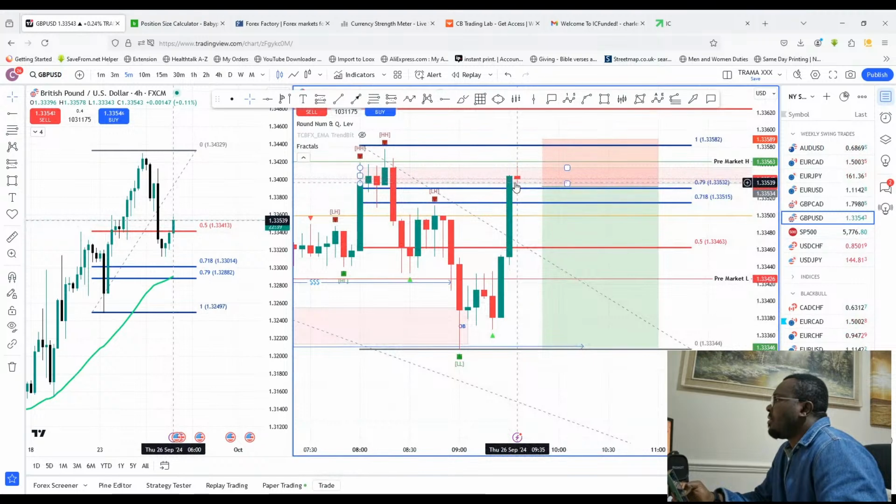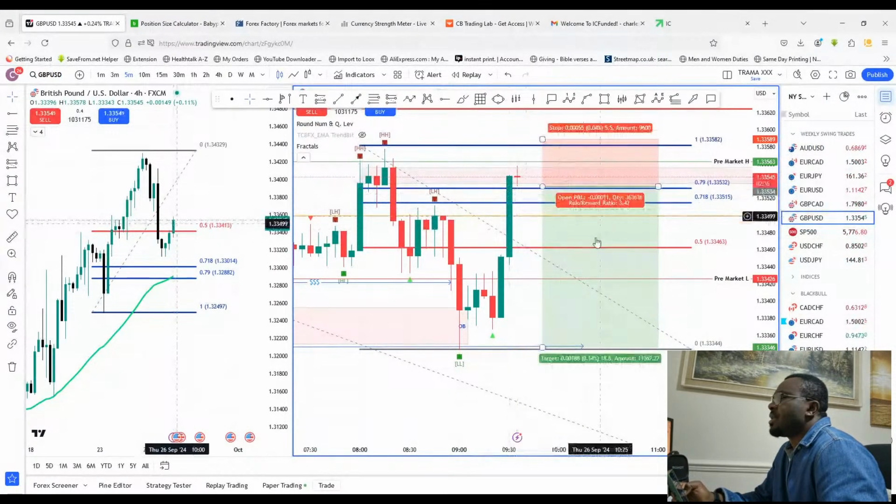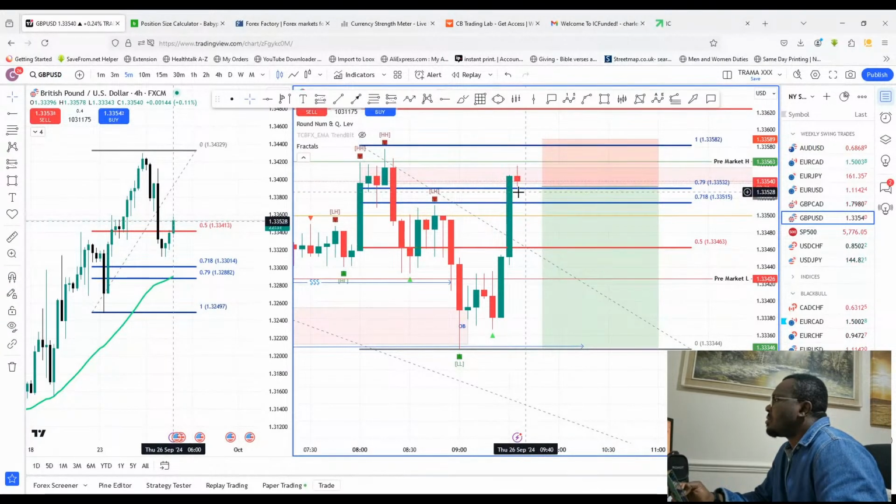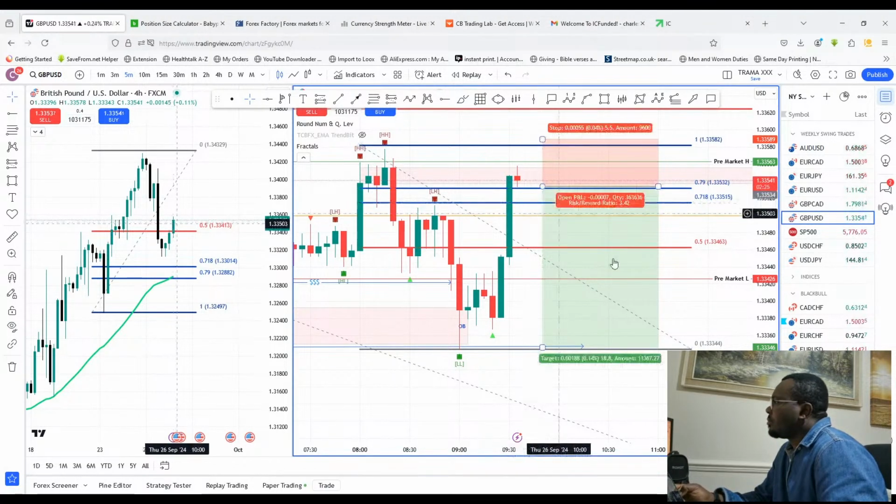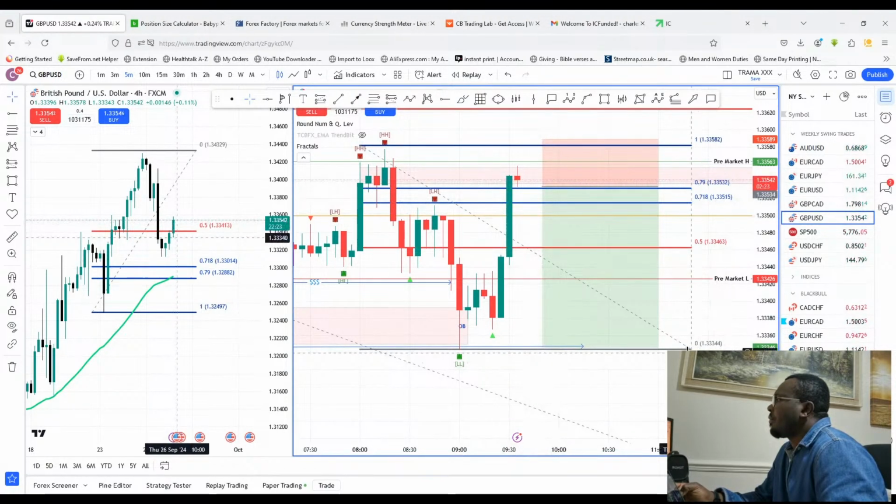If we find this candle close bearish, then we'll get in. That's a rejection, but at the moment we'll watch. If this candle closes bearish below this area, we will enter. That will be a rejection from the order block.